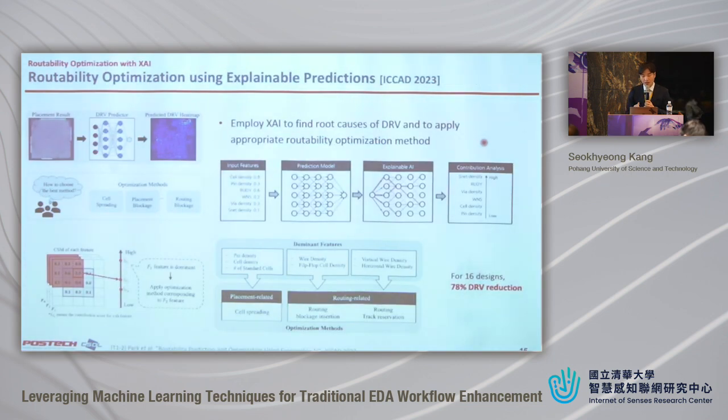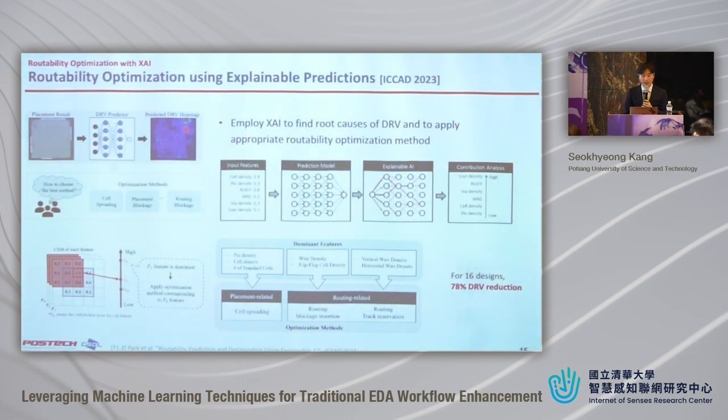And last one, after the prediction, if we know where the DRV hotspot is, then we should modify the placement, right? But we don't know why there are DRV violations. Some DRV violations are caused by the metal, but others are because of placement issues. So in that case, we can use explainable AI.